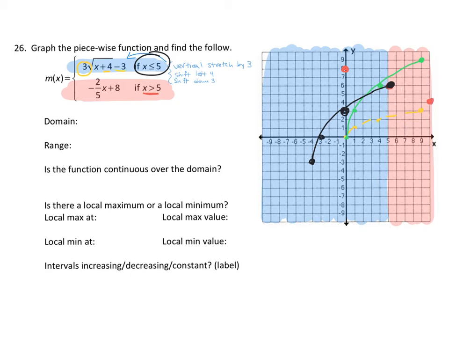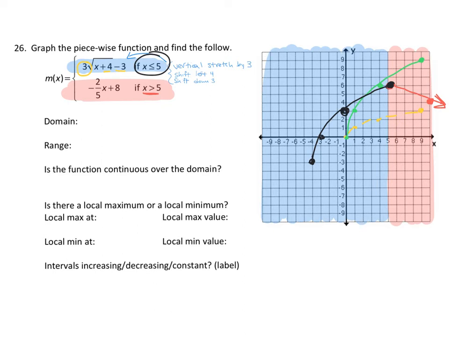I don't want to keep my original point on the y-axis because it's not in the part where x is greater than 5. I only want to keep the part on the right side of the graph. So I need to erase my original point on the y-axis. So my final graph is the black part and the red part.